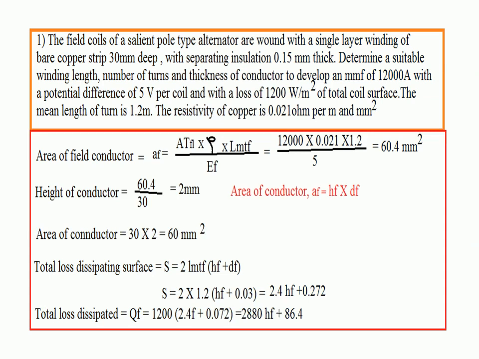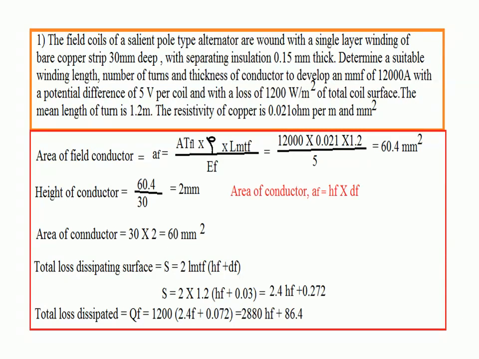Problem number 1. The field coils of a salient pole type alternator are wound with a single layer winding of bare copper strip 30 mm deep with separating insulation 0.15 mm thick.